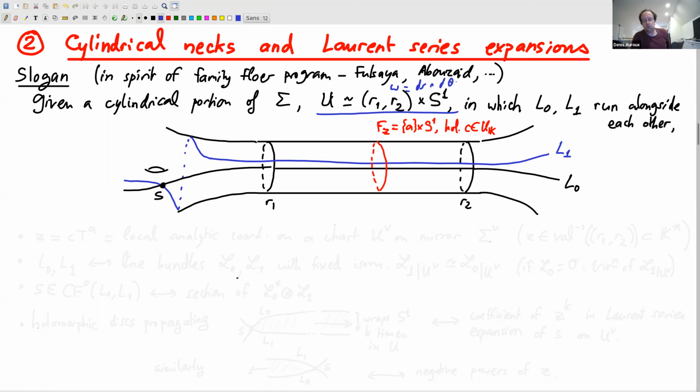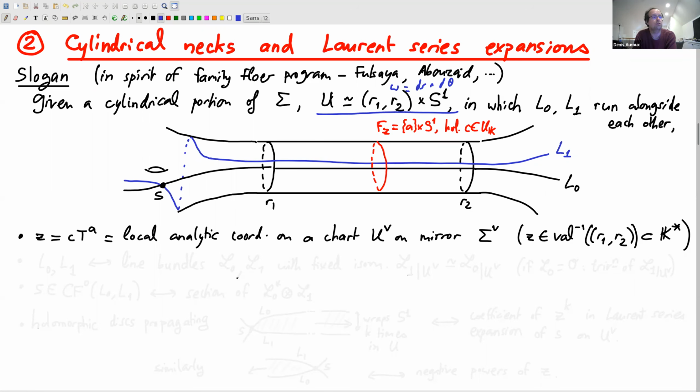And let's say that I also have two Lagrangians L_0, L_1 that run parallel alongside each other inside that neck. The claim is there's a nice geometric interpretation to what we can do with that neck on the mirror. On some mirror, I should say. There's not necessarily a unique mirror space, but a preferred mirror in relation to this cylindrical structure.